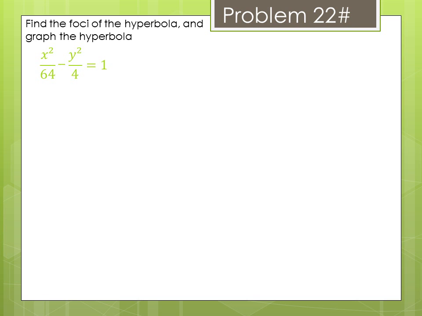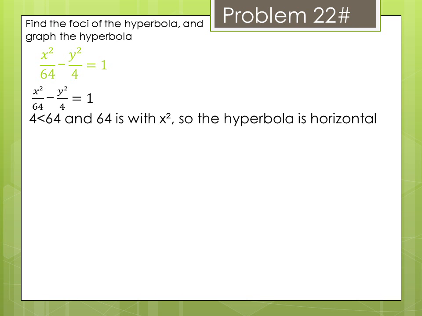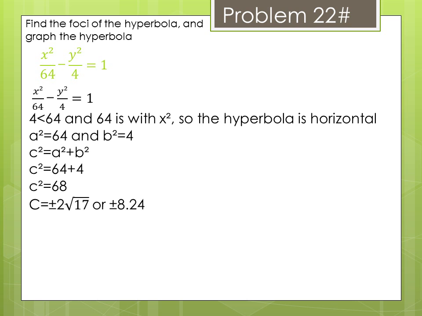So we have to find the foci of this hyperbola, being x squared over 64 minus y squared over 4 is equal to 1. And since 4 is less than 64 and 64 is with the x squared, our hyperbola is going to be horizontal. a squared is equal to 64 and b squared is equal to 4. c squared is equal to a squared plus b squared, and c squared is equal to 64 plus 4. c squared is then equal to 68.